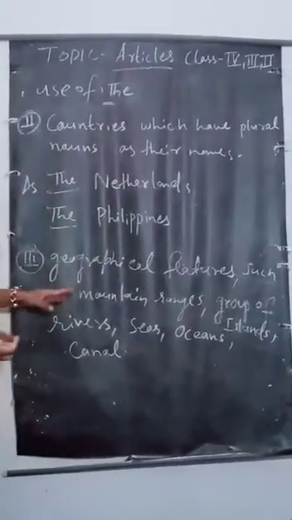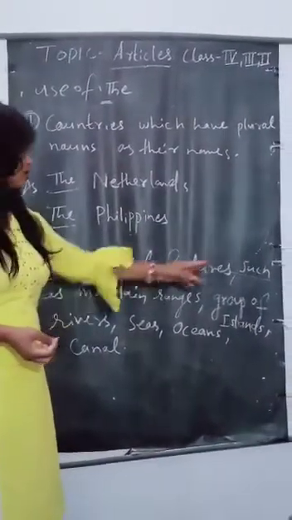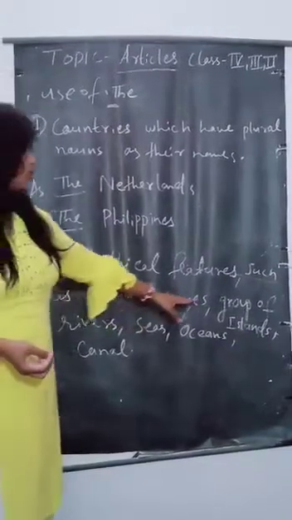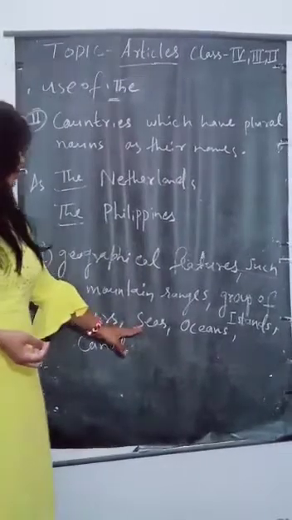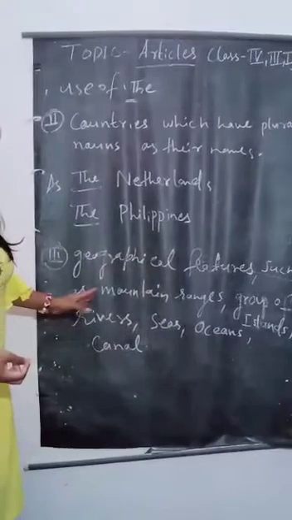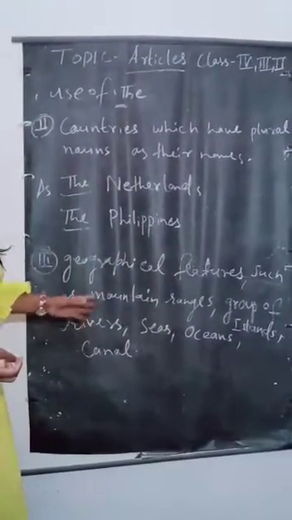Now look at the next. Geographical features such as mountain ranges, groups of islands, rivers, seas, oceans and canals: we can add the.